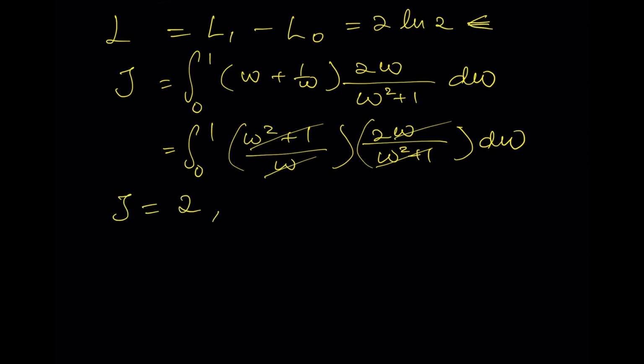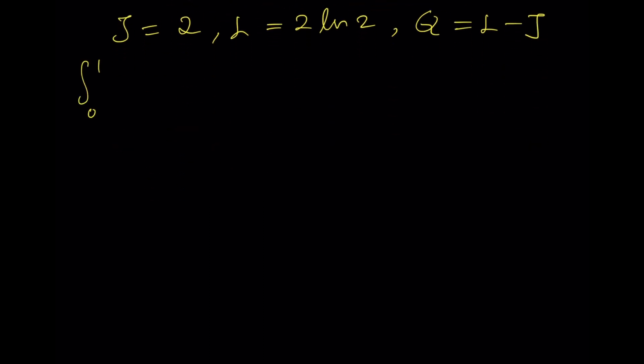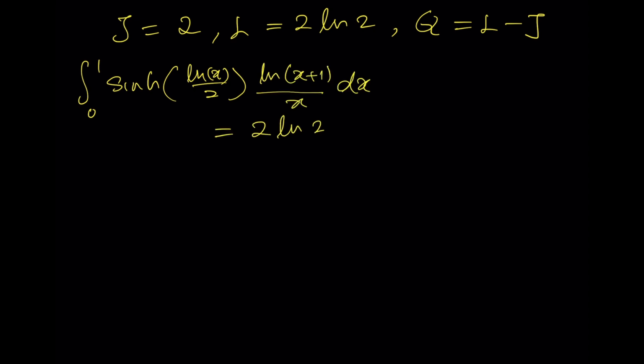We also know that L equals 2 natural log 2, and Q equals L minus J. That brings us to the conclusion of this video. The final answer of this question is 2 natural log 2 minus 2, which is approximately equal to negative 0.6137.